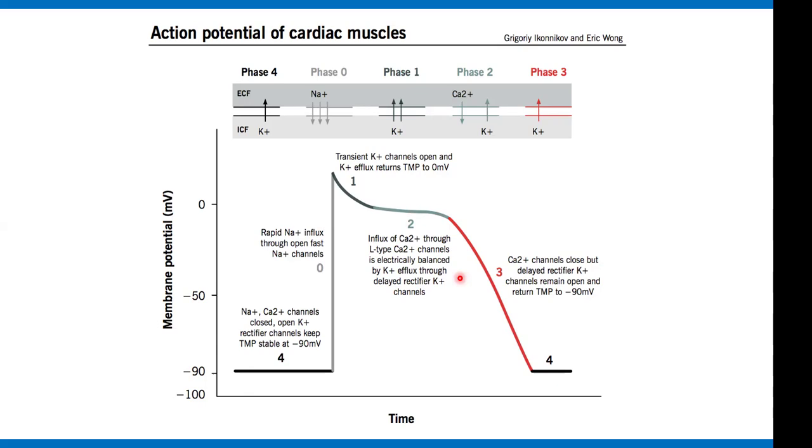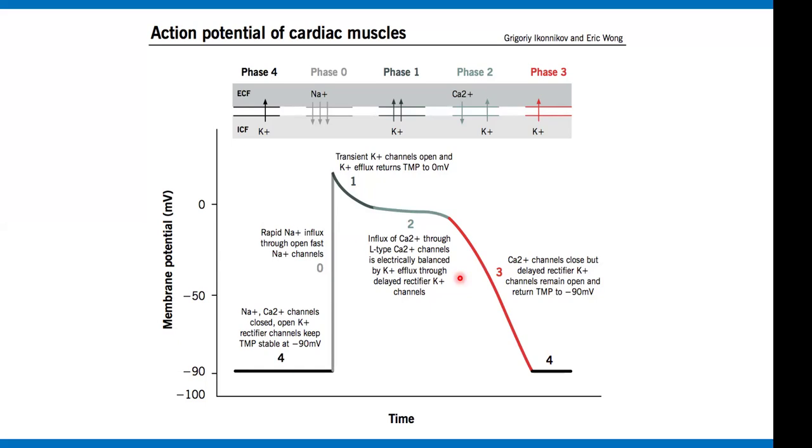And the potassium efflux is due to the delayed rectifier current. They are a bit slow in terms of their opening and activation, so they do not do that rapidly. And then you also have the influx of calcium through what we call the L-type channels. That is long lasting, so they stay open for a long duration, whilst these ones are also activated slowly.